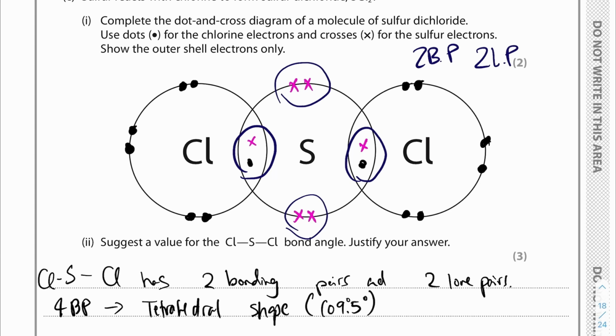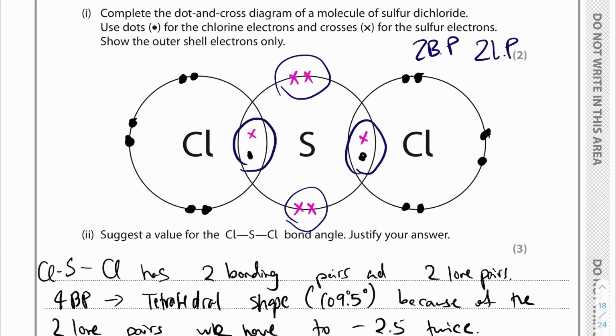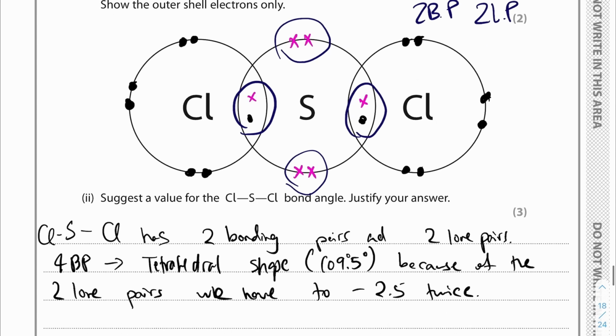But since we have 2 lone pairs, we have to subtract 2.5 twice because of the repulsion.